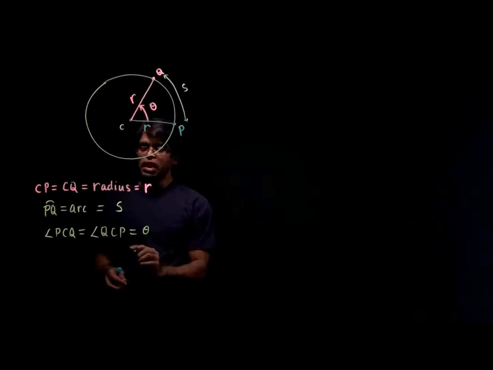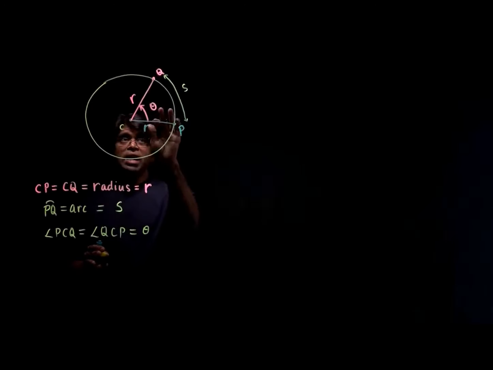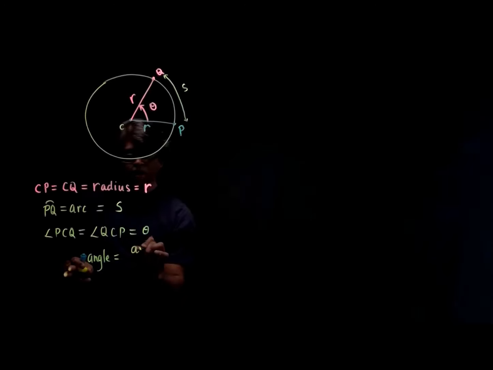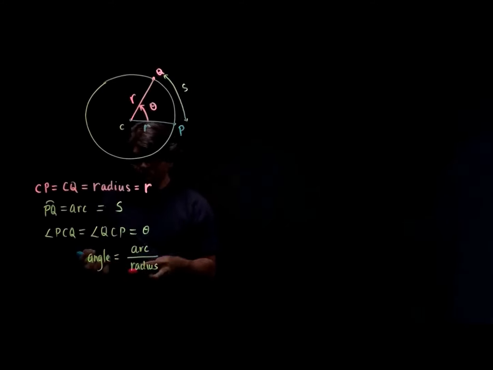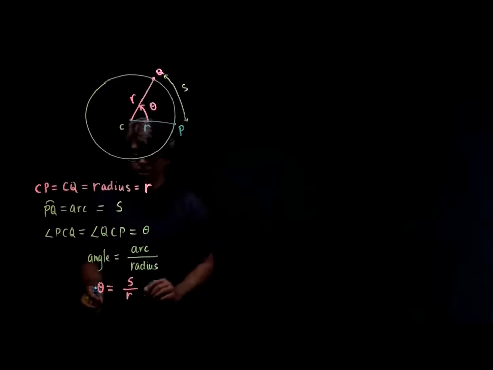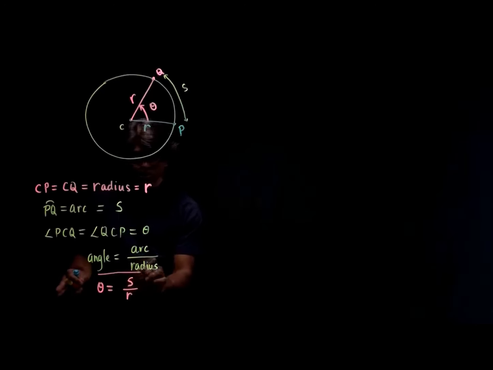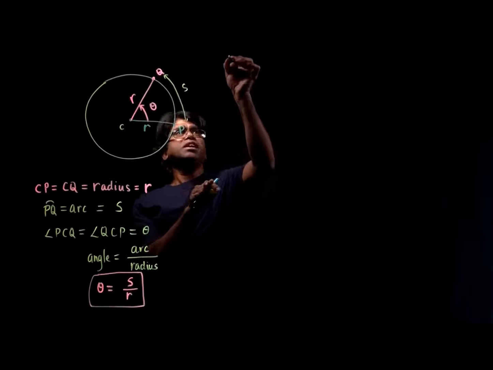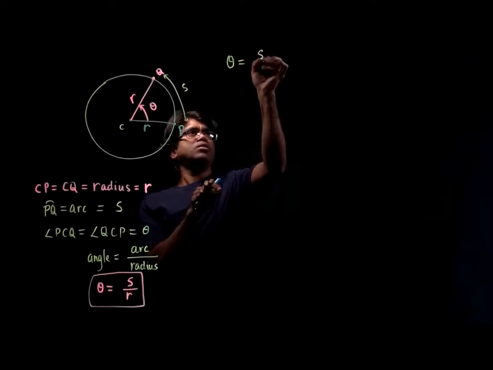Then we know the relation between the angle and the arc: angle is equal to arc over radius. So if my angle is theta and my arc is S and radius is R, then we can write theta is equal to S over R.